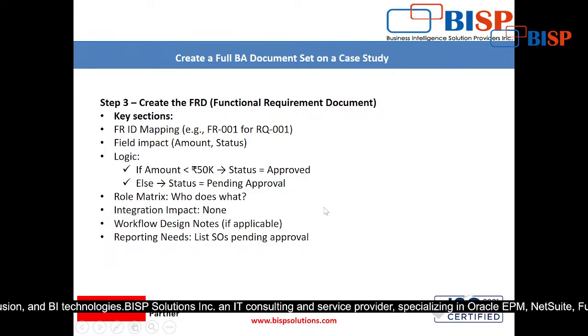Now the role matrix, you have to write the role matrix. In this complete process, who does what? That means how many people are involved in it. Now all in all, from the top overview, this slide is saying what is being done for which requirement, what fields are impacted, and which roles are involved.